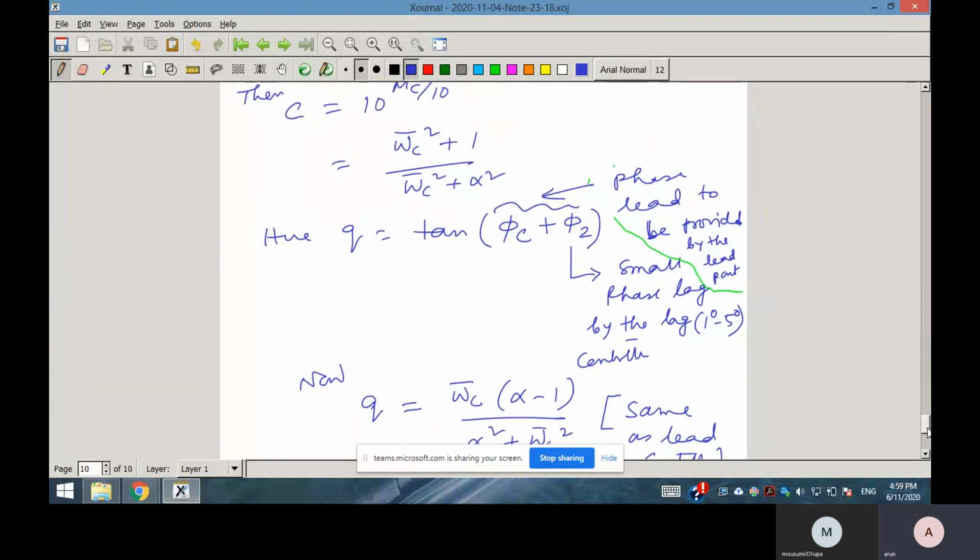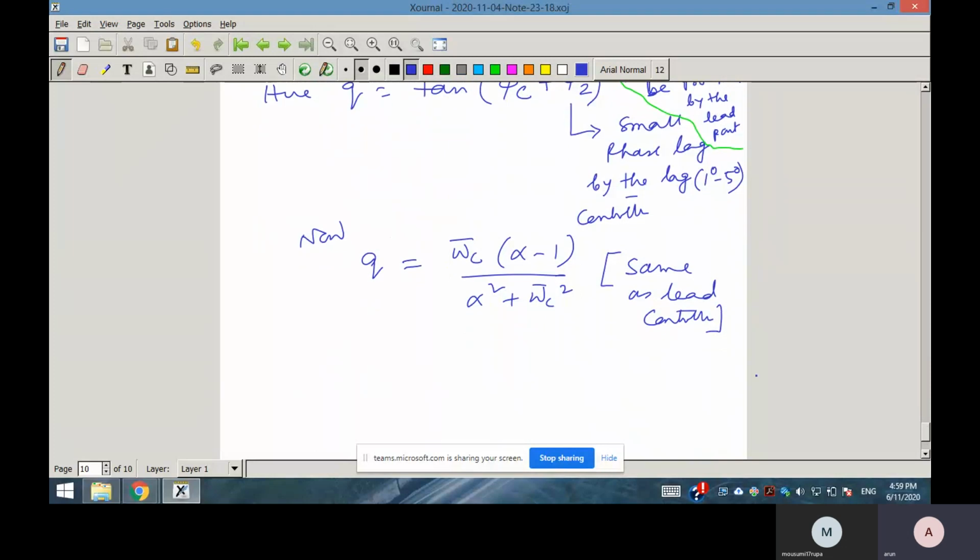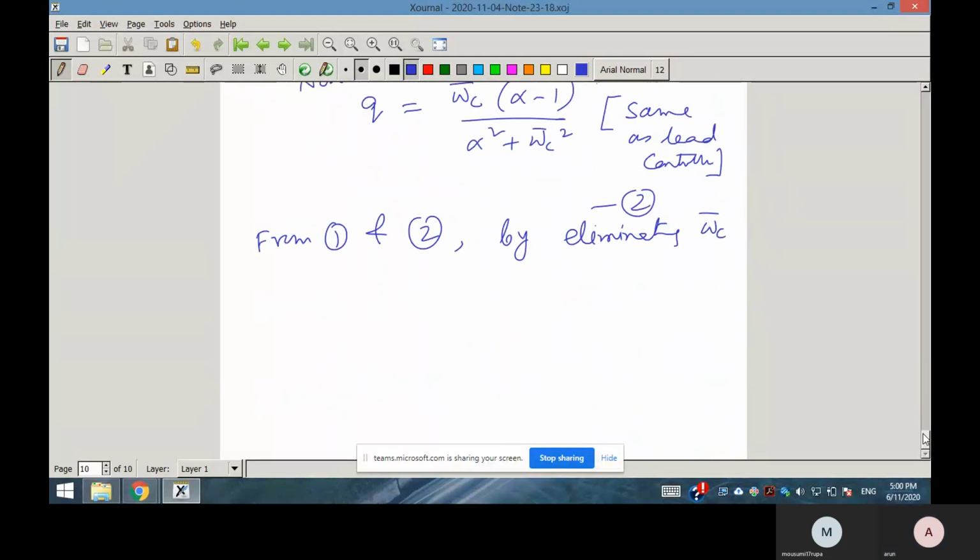So from 1 and 2, by eliminating omega c bar, one obtains the same elimination, same method.